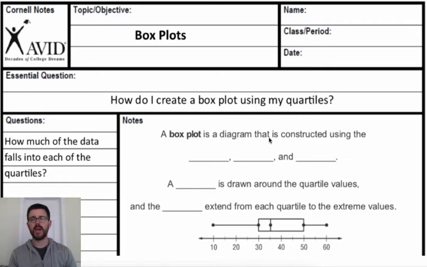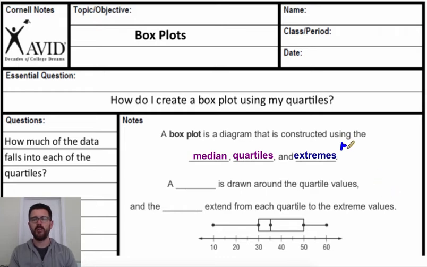So a box plot is a diagram that is constructed using the median, the middle of our data, the quartiles, so the first and third quartiles, so the middle of the lower half, the middle of the upper half, and then something called the extremes. So sometimes we're going to call them the upper and lower extremes.